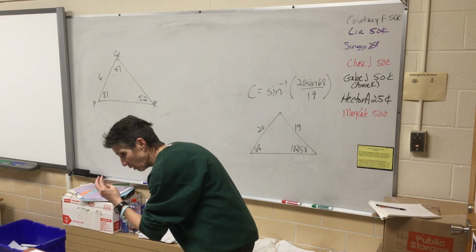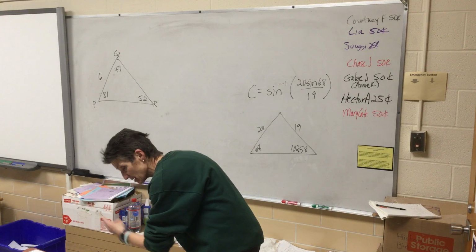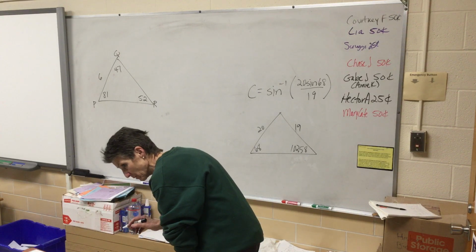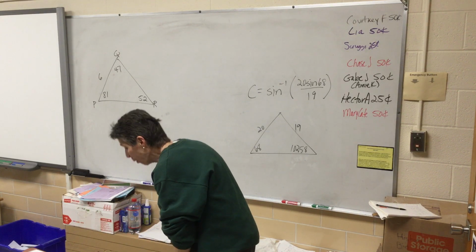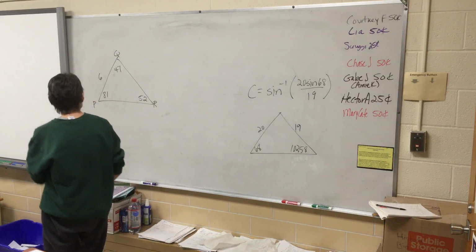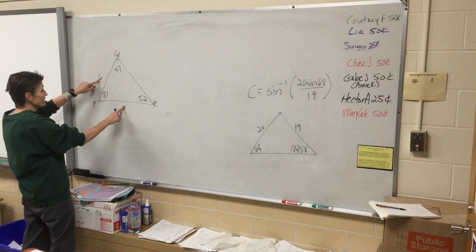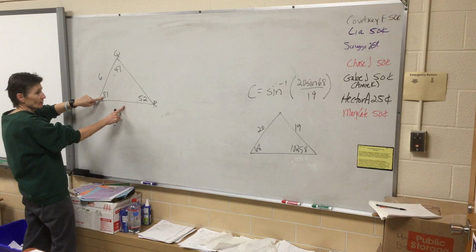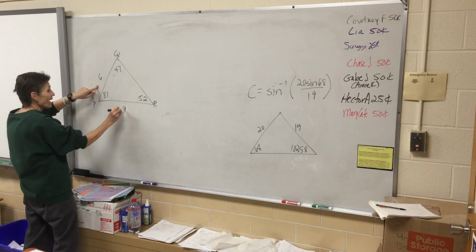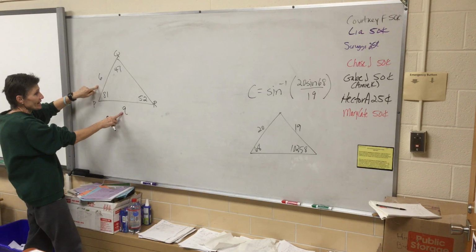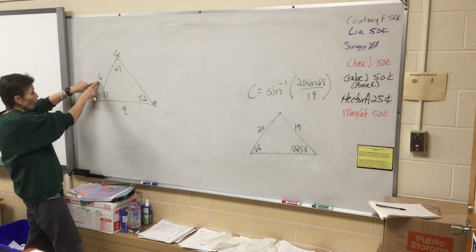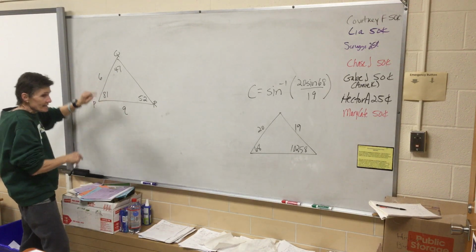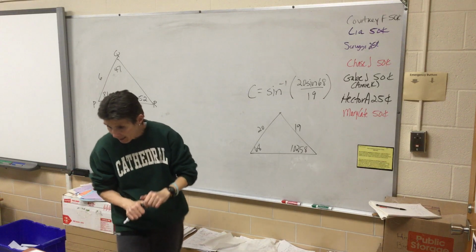I either need all 3 sides so that I can do the big radical one, right, with the semi-perimeter, or I need 2 sides and the included angle. So if I could find side Q, would I have what I need to find the area?